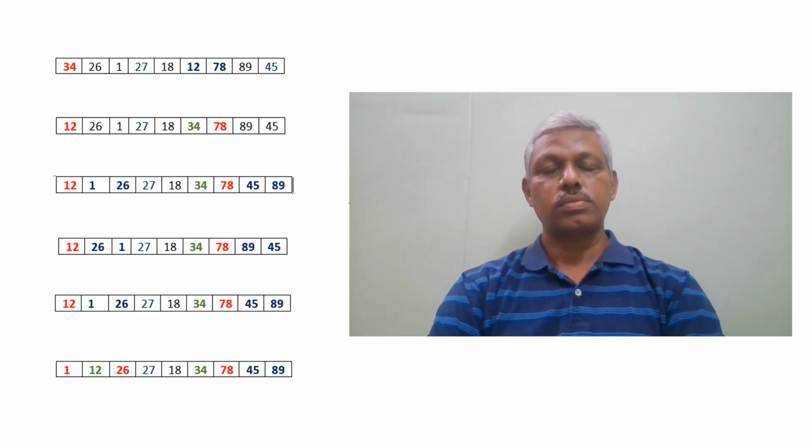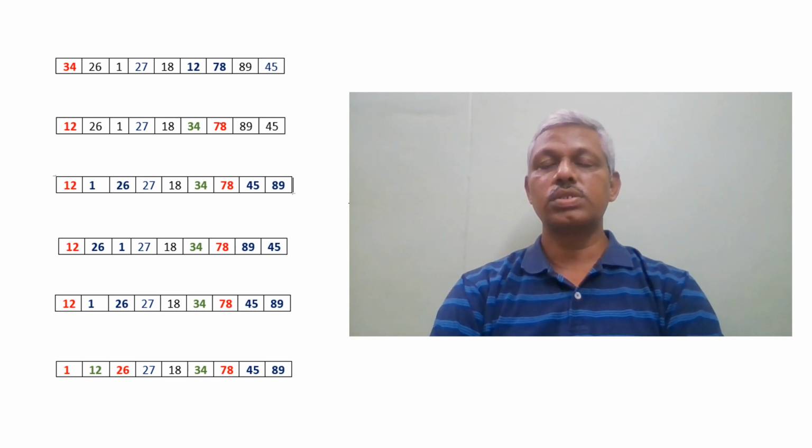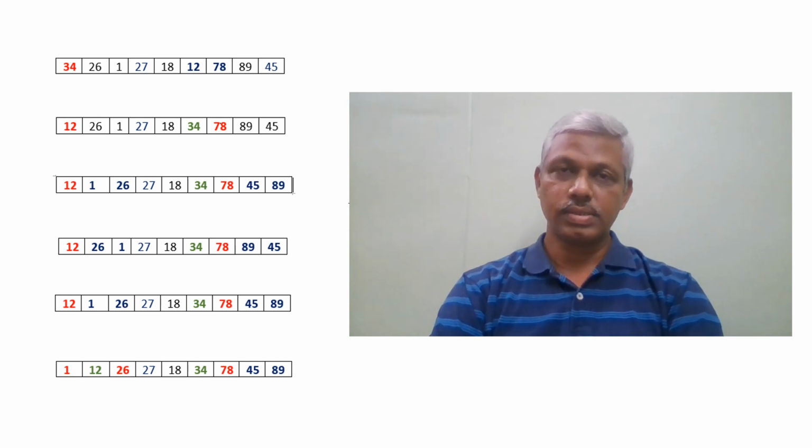Once we take 12 as the pivot element, we proceed to the right of it from left to right, and once we encounter an element which is greater than 12, we'll stop there. So 26 is greater than 12, we'll stop there, and move from right to left. That means 18, 27. 18 is not less than 12, 27 is not less than 12, 1 is less than 12.